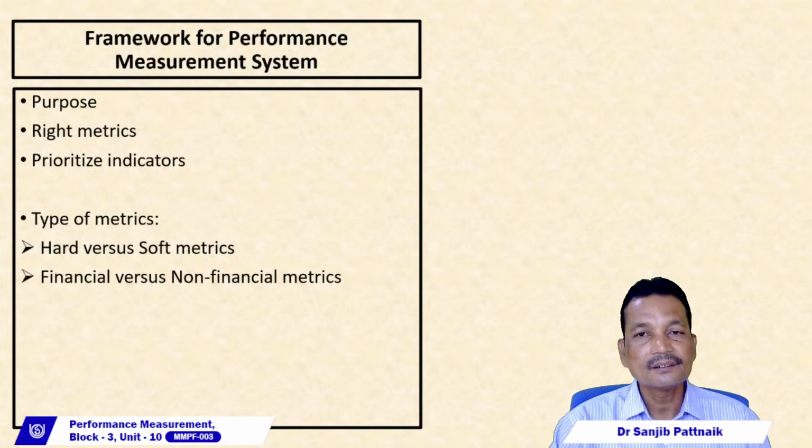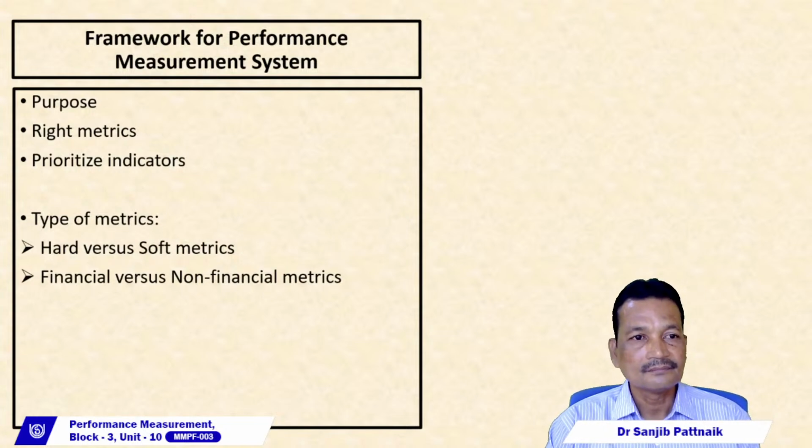So thereby what we do, we can know the performance measurement system for the activity has been set in order to measure this particular activity. So the purpose is the first thing in the framework.